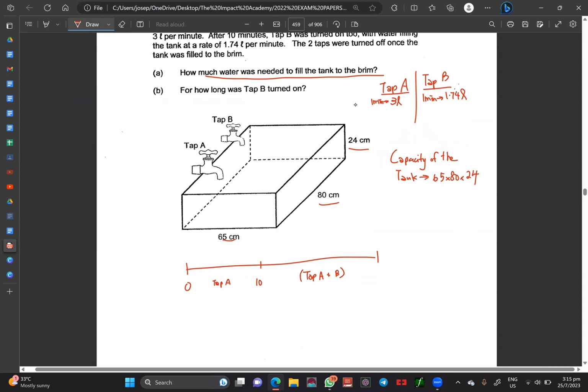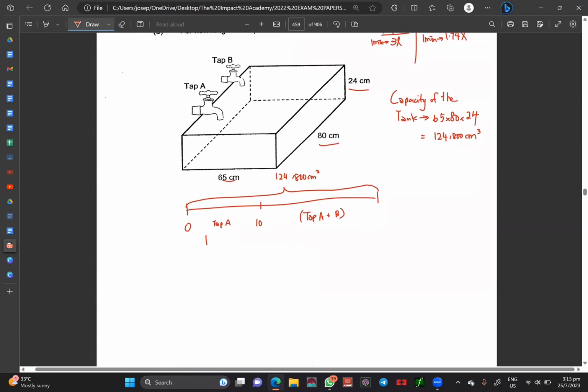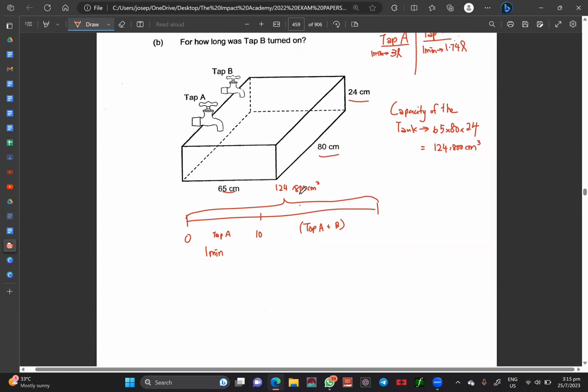All right, and we get to an answer of 124,800 centimeter cube. Now, the next thing you want to do is, of course, you find, if 1 minute tap A is able to give 3 liters, how much will tap A produce in 10 minutes?